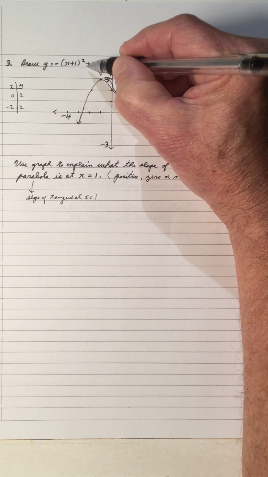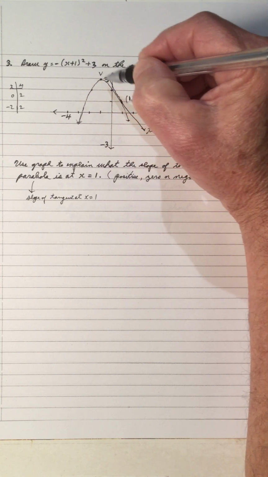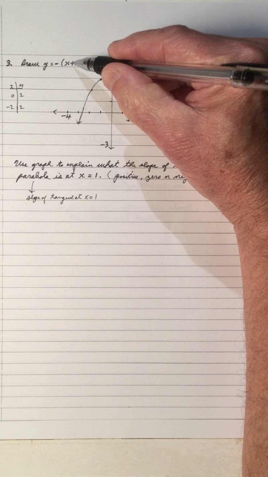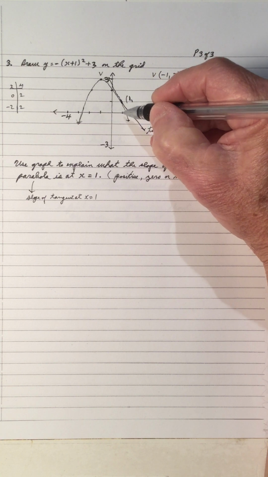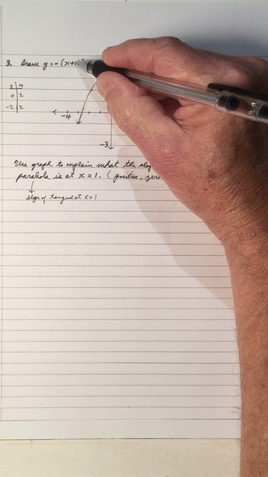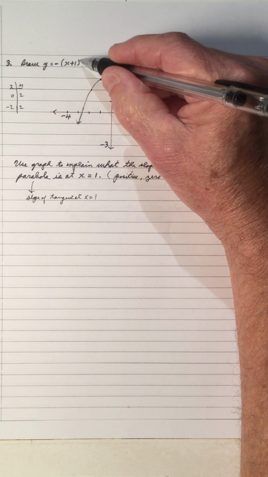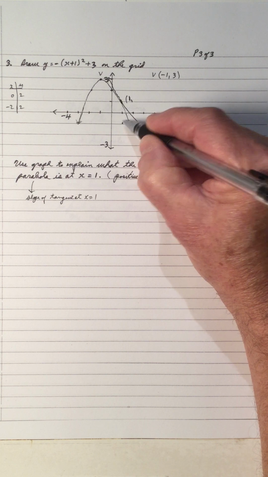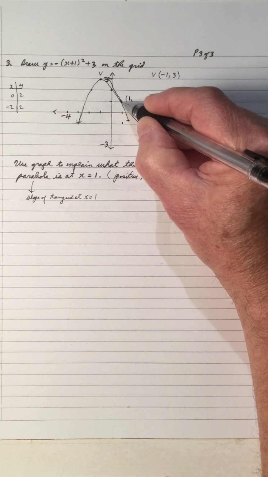So you can see that when I put a 1 in, I got it in the wrong spot. So when x is 1, I said it was up here, but I just did an estimate. So 1 gives me a 2, 2 squared is 4, negative 4, plus 3 is negative 1. So the graph doesn't go through here like this.